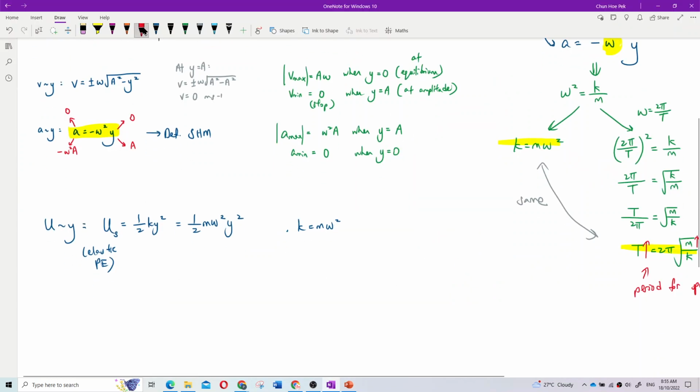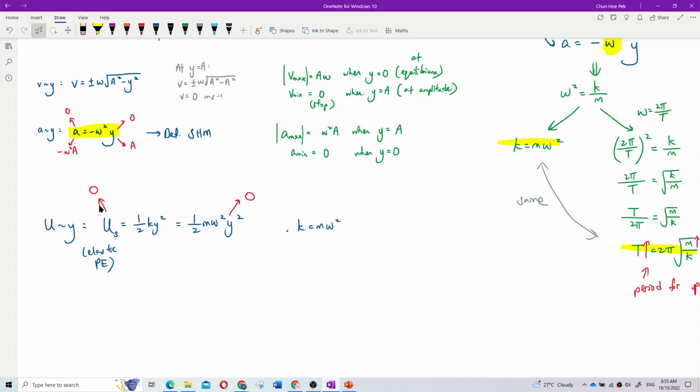So if you use the formula, we also get the same thing. See that? When displacement is 0, what happens to the potential energy? Displacement 0 means at equilibrium. At equilibrium, no extension, no compression. What is the elastic energy stored in the spring? 0. Correct?